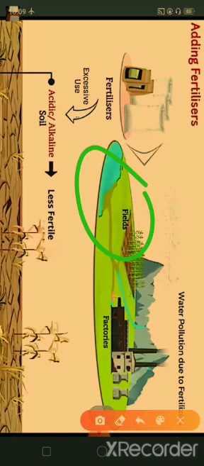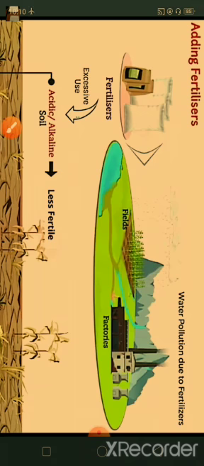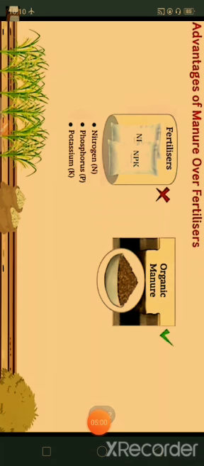The excessive use of fertilizer will decrease the fertility of the soil, and from there it can enter the river through rainwater. So even though fertilizers are important, we should limit the use of fertilizer.